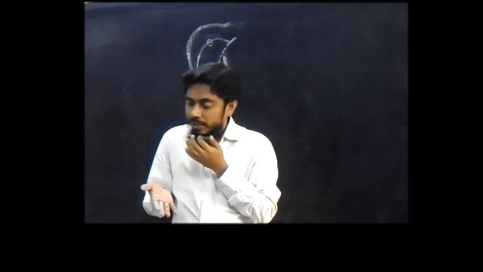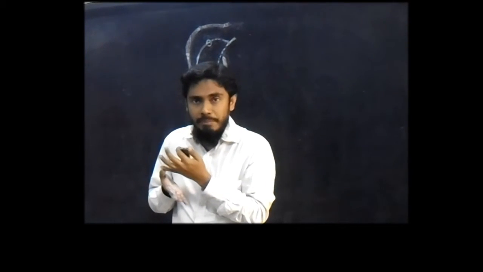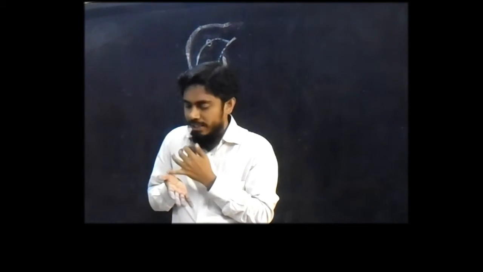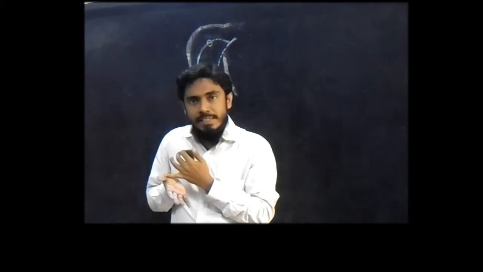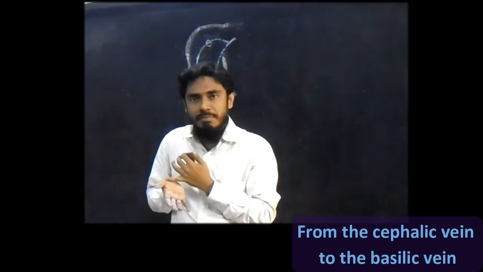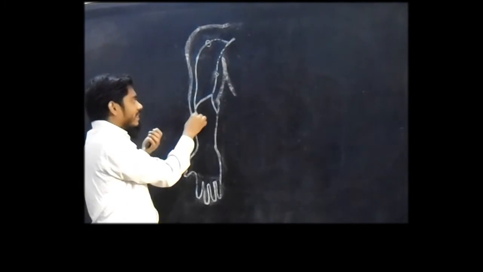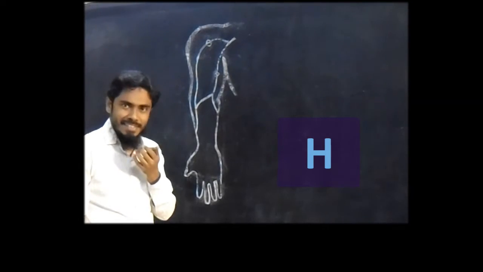Just imagine that the cephalic vein is situated at the tip of the thumb and the basilic vein is situated at the root of the thumb. So if the thumb is the median cubital vein, then the direction will be from cephalic to basilic. Clear? And look here, in the cubital fossa it looks like an H, isn't it?